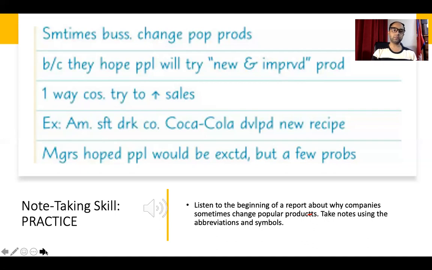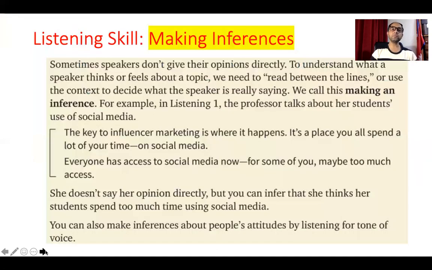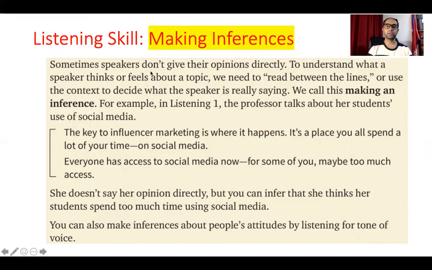Unit 6. The next part we're going to talk about is one listening skill called making inferences. Making inference means it's a kind of guessing, okay? Sometimes speakers don't give their opinions directly.